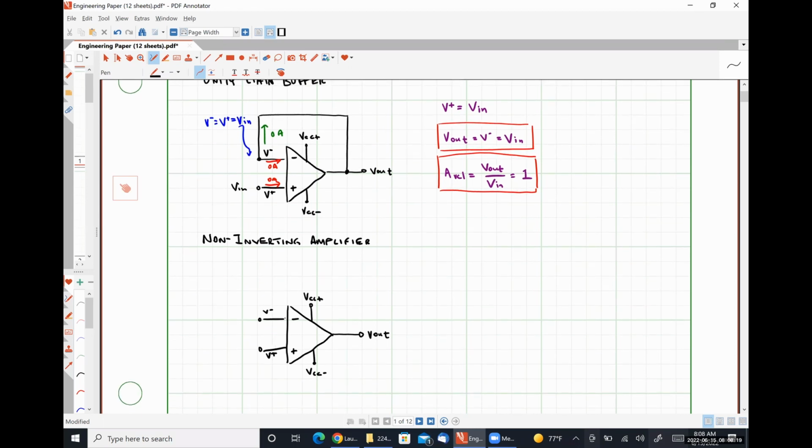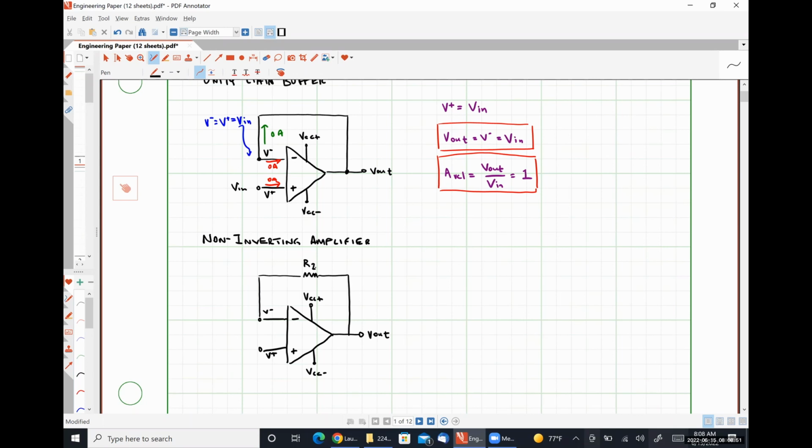In this circuit, we are going to have negative feedback, and we're going to connect our negative feedback from our inverting input terminal V minus to our output V out like so. And we're going to have a resistor here in our feedback loop, which I'm going to call resistance R2.